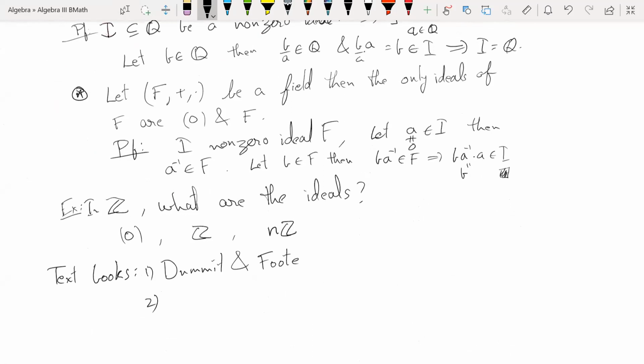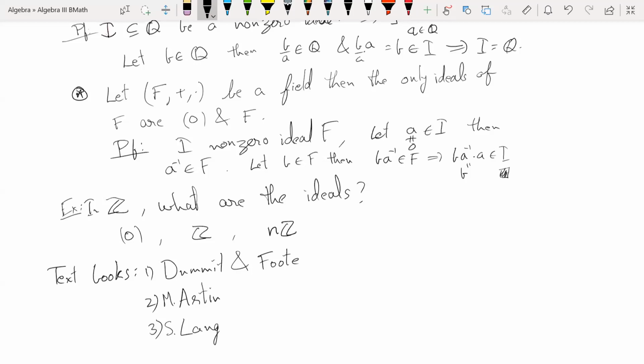There's also Artin, and even Lang is not too bad. So these are some books one can look at. This is M. Artin, Algebra, and this is Serge Lang.